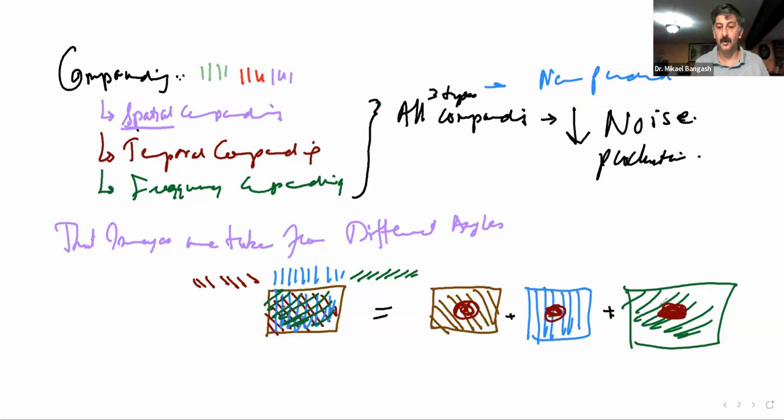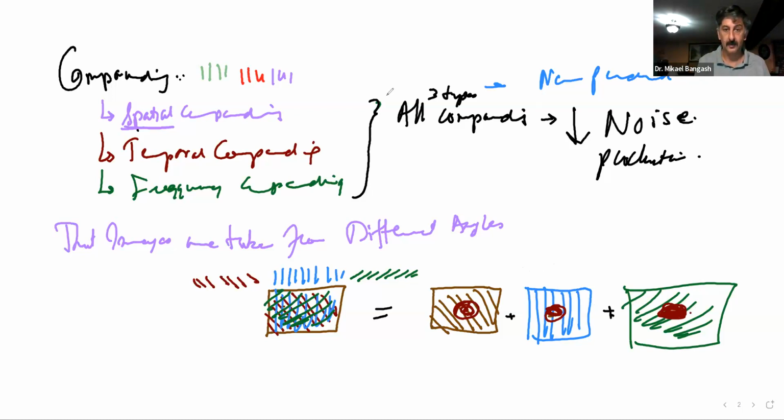It is going to be the same area, but we may look at it from the front, from the right side, from the left side. Whenever these scans are put together, that is what we call compounding.